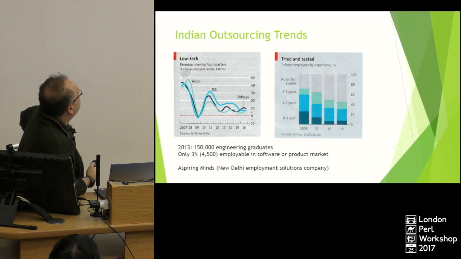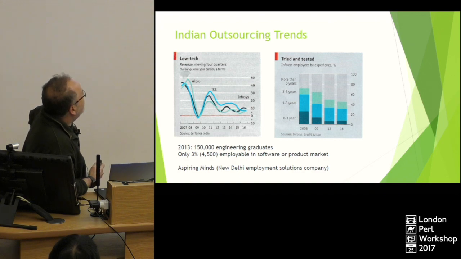One reason may be that according to Aspiring Minds, a New Delhi employment solutions company, and it's a bit difficult to get all the information I wanted out of Google, but engineering graduates are easily reported on Google, of the 150,000 engineering graduates in 2013, only about 3% were employable in the software or product market.